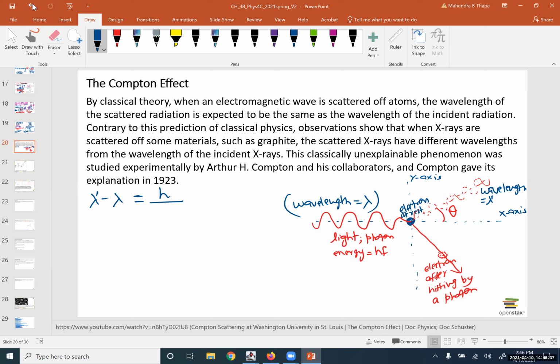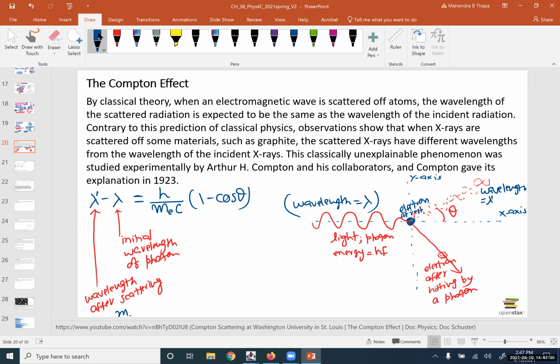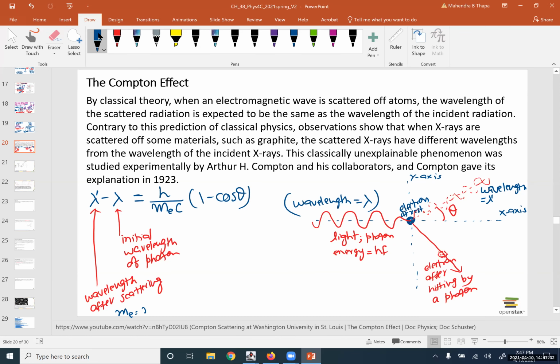For the electron, m_e is the rest mass of the electron.